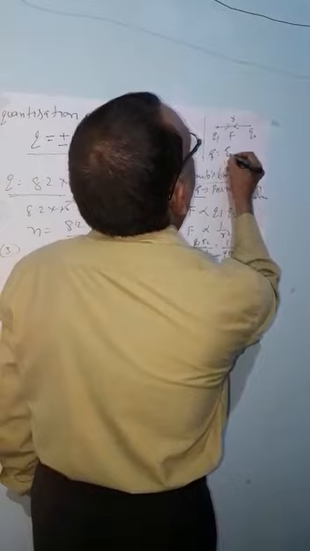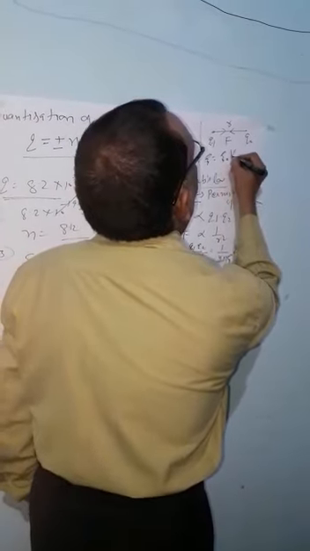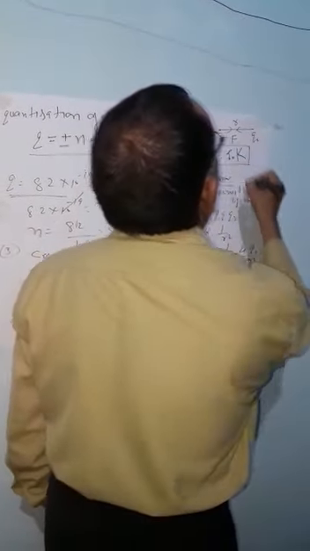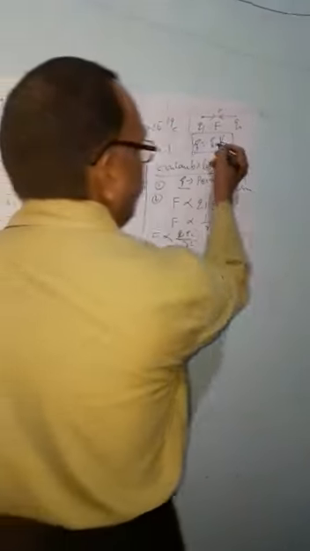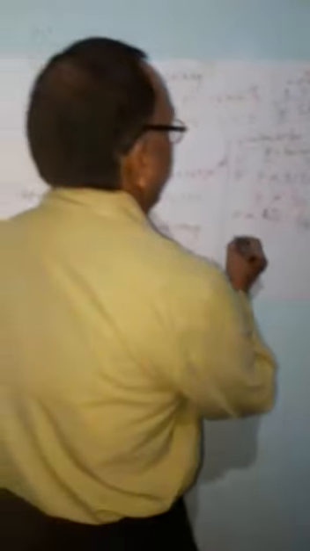Now see, this epsilon is written as epsilon 0 into K. Here K is the dielectric constant of the medium, and epsilon 0 is the permittivity of free space, maybe vacuum, maybe air. Now see, use this equation to find the unit of permittivity.